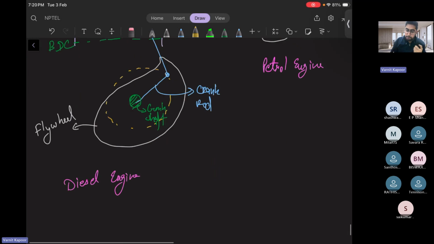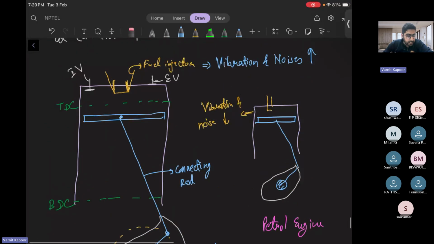If you see, the power of any mechanical system is defined as power is nothing but torque into angular speed, that is omega. Okay, torque into omega. So for a diesel engine, the torque is very high and speed is less.